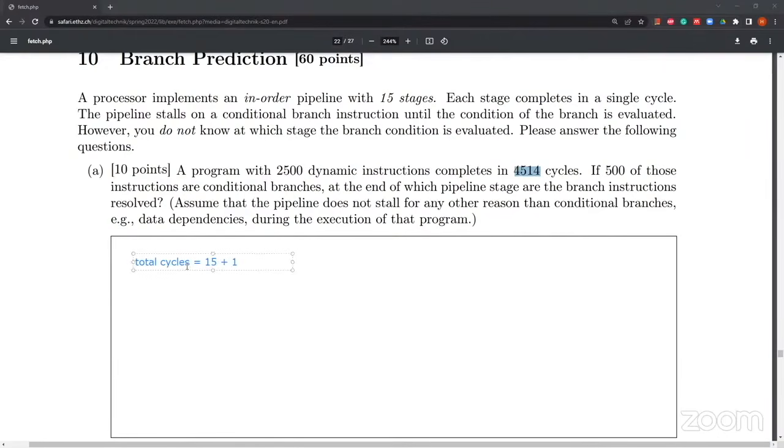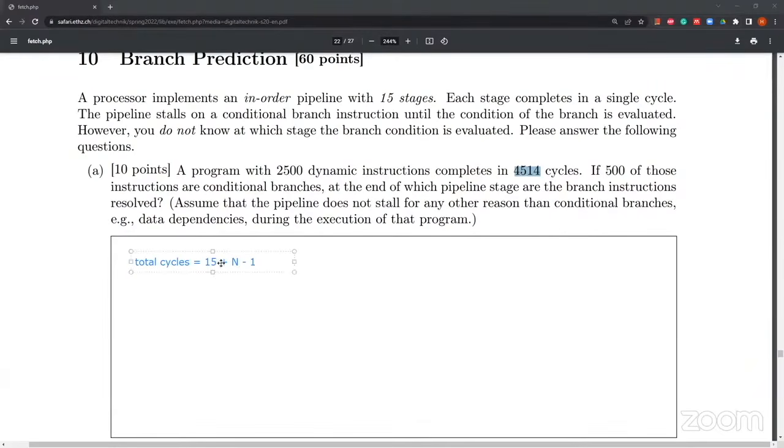We can generalize this: given a program with n instructions, that program will execute in 15 plus n minus 1 cycles. We do minus 1 because the first instruction is included in these 15 cycles, and n is the total number of instructions in the program.